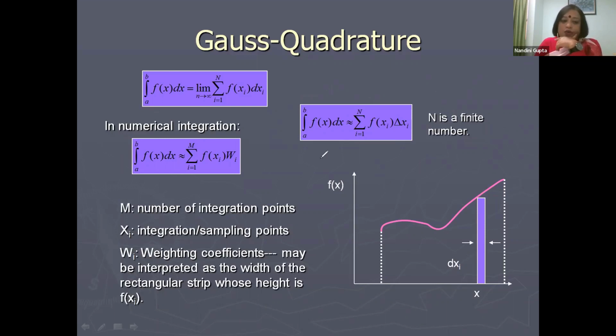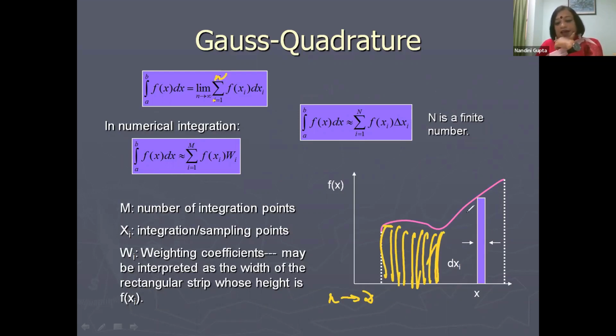So essentially, the other thing is this error will be minimum if I take a very large number of x's. So if my N tends to infinity, so if I have infinite such areas, then the error in each case will be very small, and that will make my accuracy as high as possible.